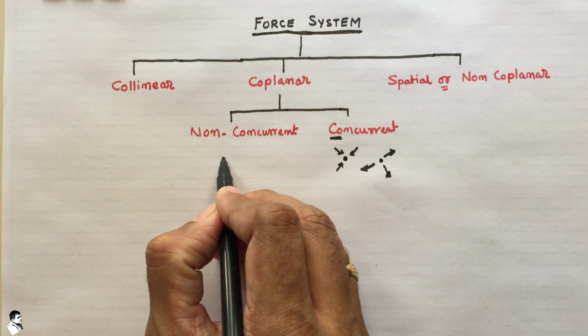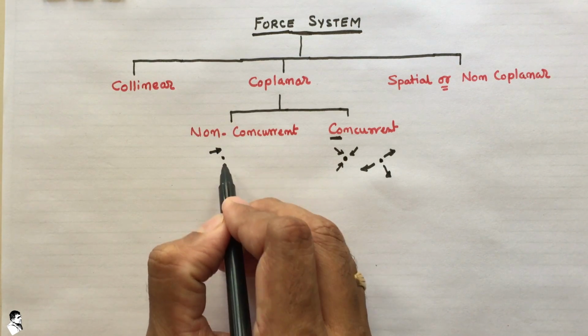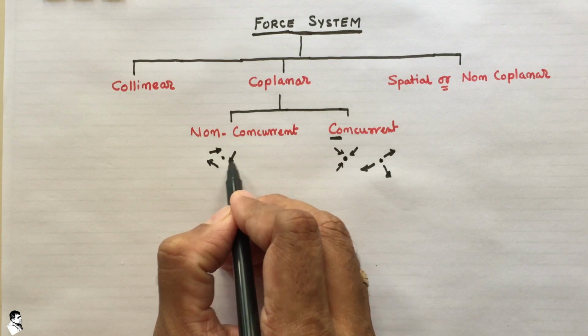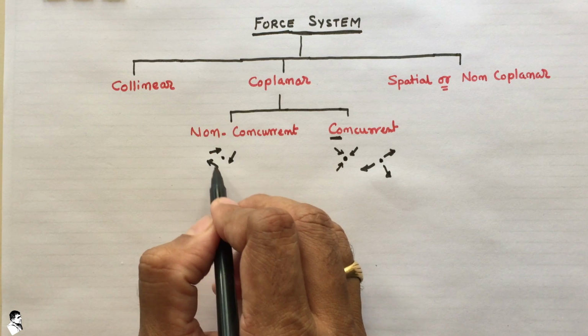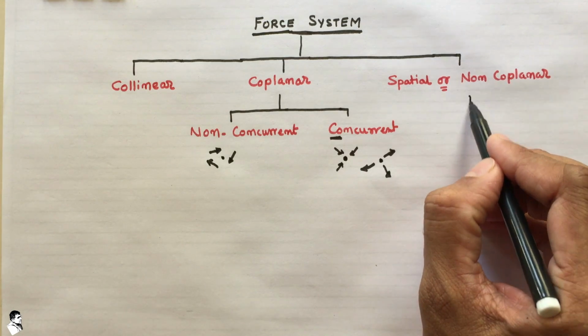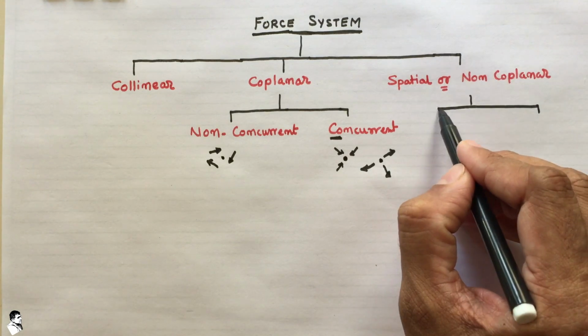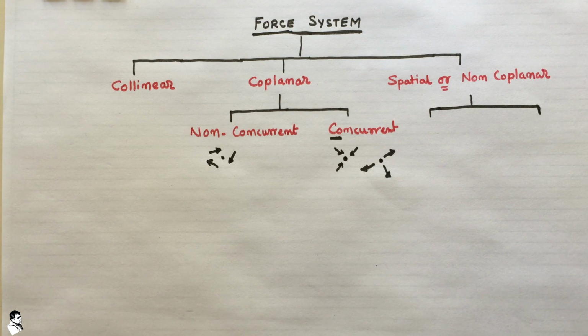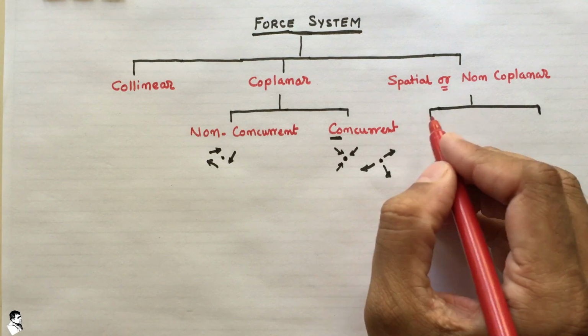Same way, if this is a point and these are forces that are not meeting at a single point, this type of forces are known as non-concurrent forces. That is applicable in all the cases. So again we write down non-concurrent and concurrent.